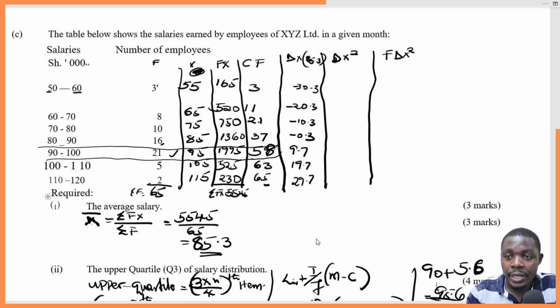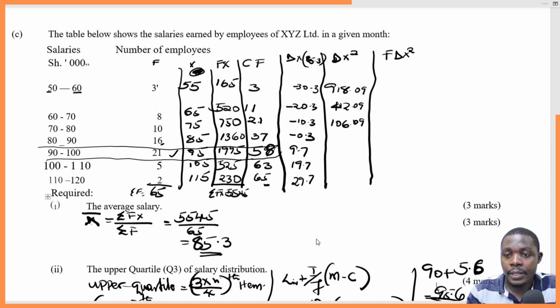Now the next column is dx squared. We square the figures we have gotten here. 30.3 squared gives 918.09. Then 20.3 squared is 412.09. Then 10.3 squared gives 106.09.